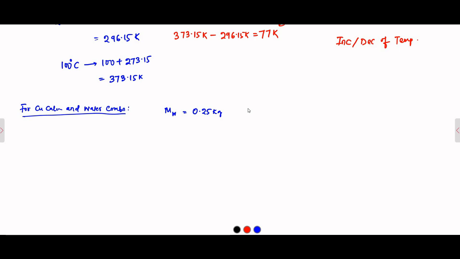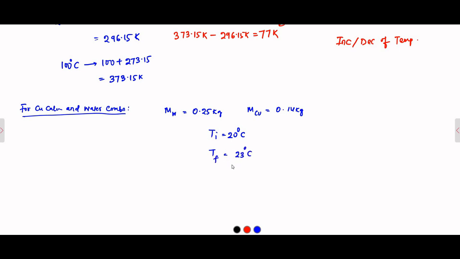The mass of the copper calorimeter is equal to 0.14 kg. Both were at an initial temperature of how much? 20 degrees Celsius, and then the final equilibrium temperature is equal to 23 degrees Celsius.